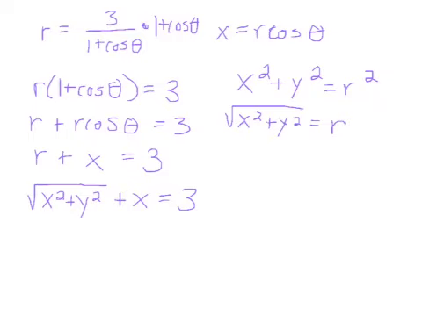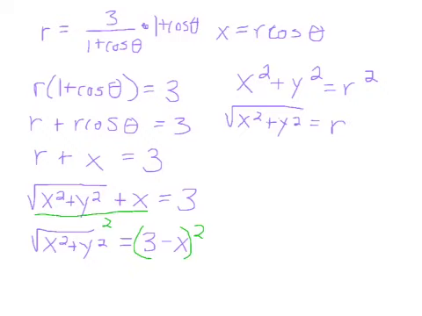And so what I'm going to do is move the x to the other side. So now I can square both sides and get rid of that nasty square root that's in my equation. I have to move the x before I square both sides, so I don't have to FOIL this nasty thing.